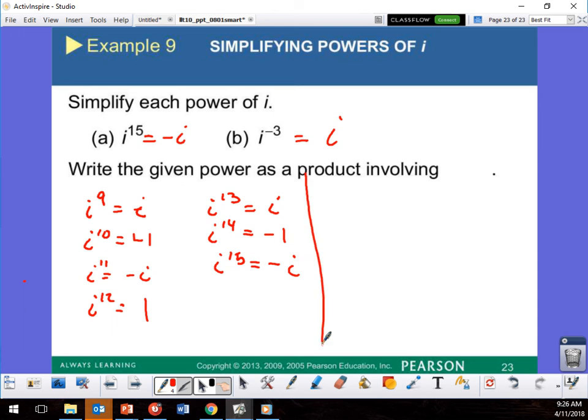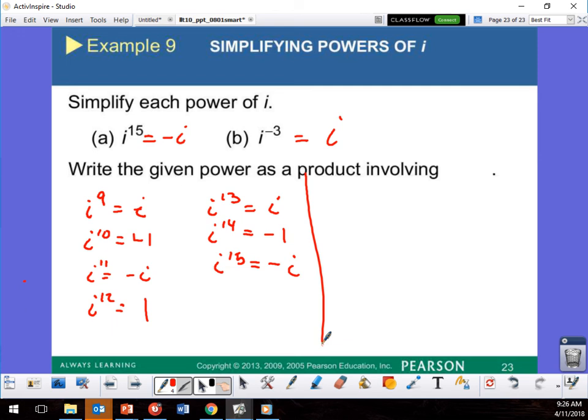Okay, so can you go back to the thing where we say i to the negative 3rd power should be what? It should be negative i, shouldn't it? Remember, it goes by the pattern 1, 2, 3, 4, so it's negative i. But what does a negative exponent mean?